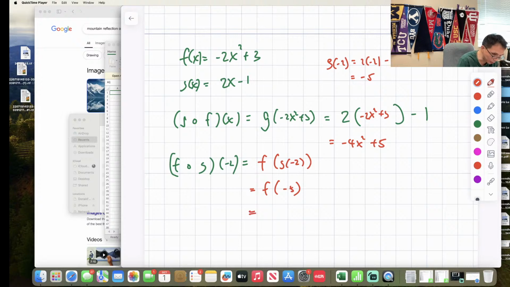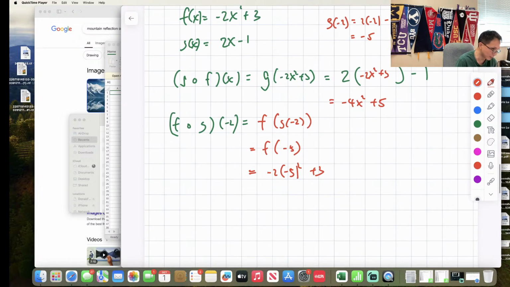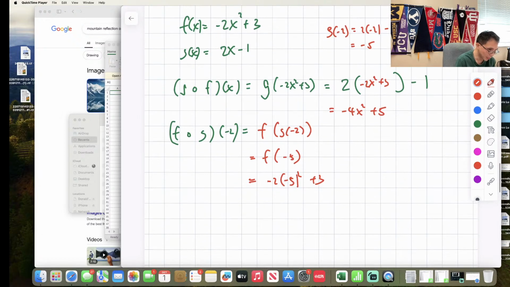And then I'll replace: negative 2 times negative 5 squared plus 3. So it'll be negative 2 times 25 plus 3. That's equal to negative 50 plus 3, which is negative 47. That's right there.